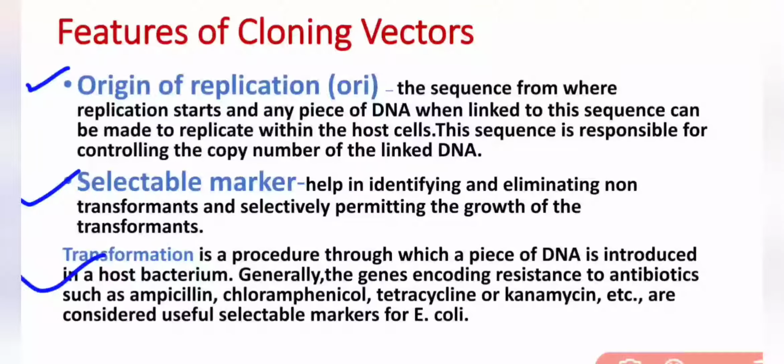Few of the plasmids have a selectable marker region, which is usually the antibiotic resistance genes. Like you can see in the next slide, there is a plasmid pBR322 which has two antibiotic resistance genes. One is the ampicillin resistance gene and another one is the tetracycline resistance gene. These antibiotic resistance genes help us to select the transformants from the non-transformants.